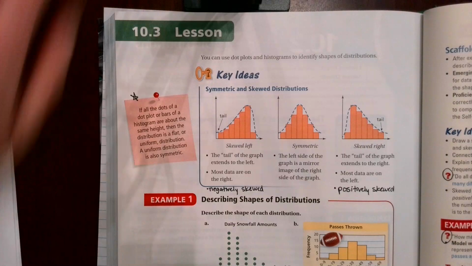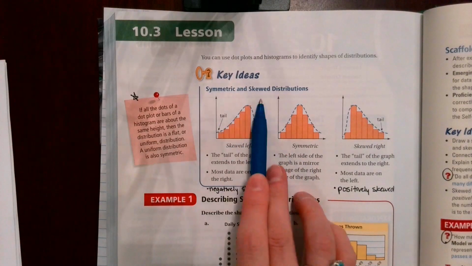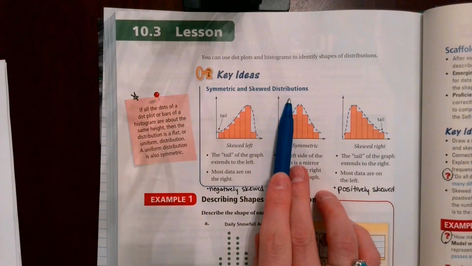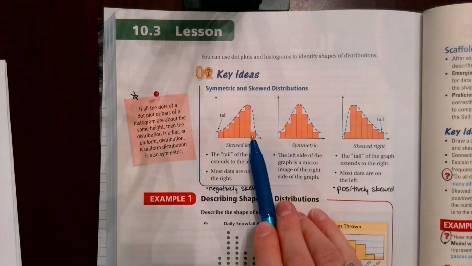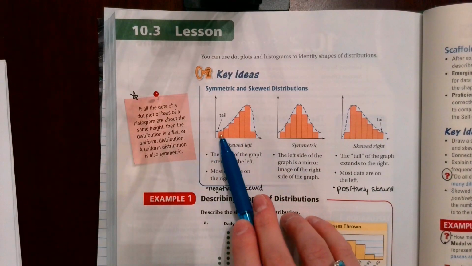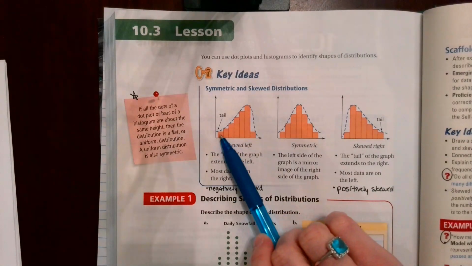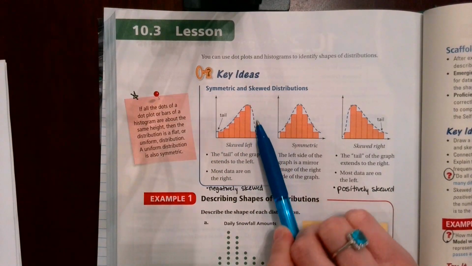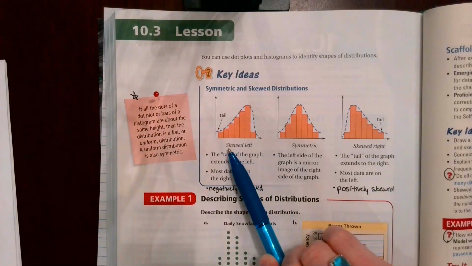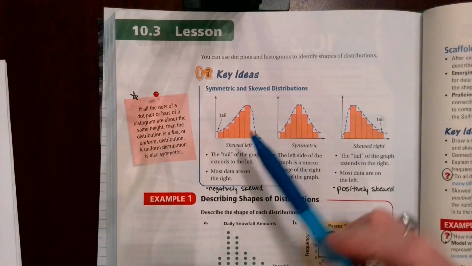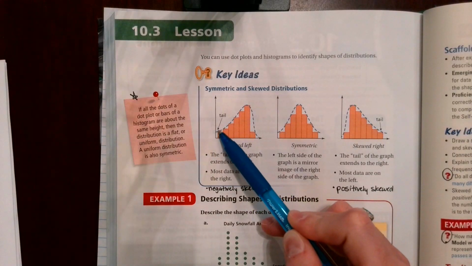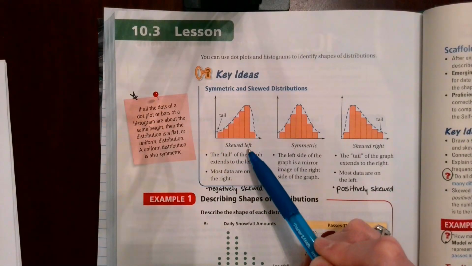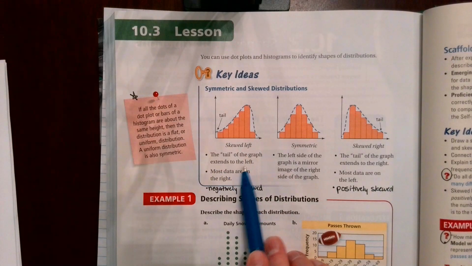All right, so here are the key ideas talking about symmetric and skewed distributions. If a graph, this is a histogram, you can tell because the bars are touching, looks like this, with bars increasing up this way and then dropping off, that means it's skewed left. If you follow where the tail is pointing, the tail is pointing to the left, so the tail of the graph extends to the left.